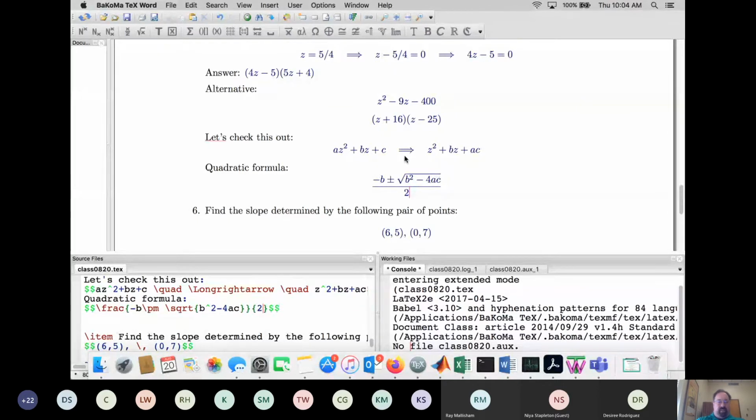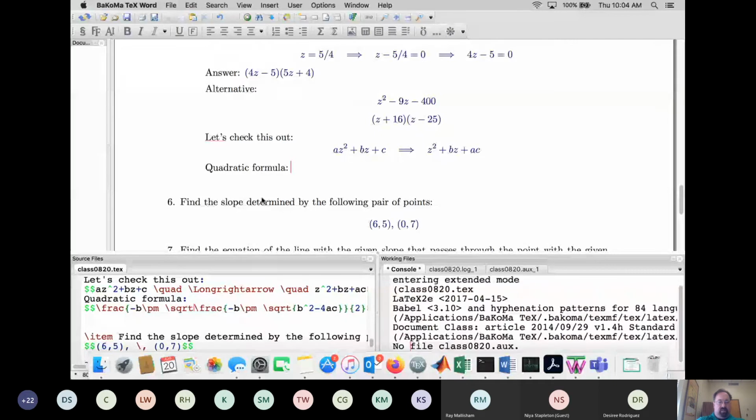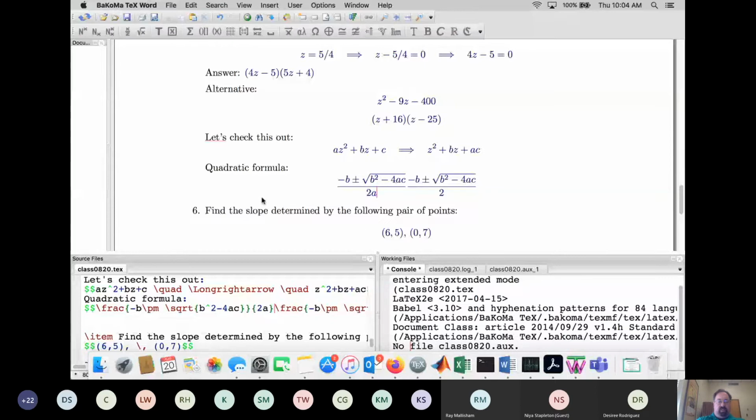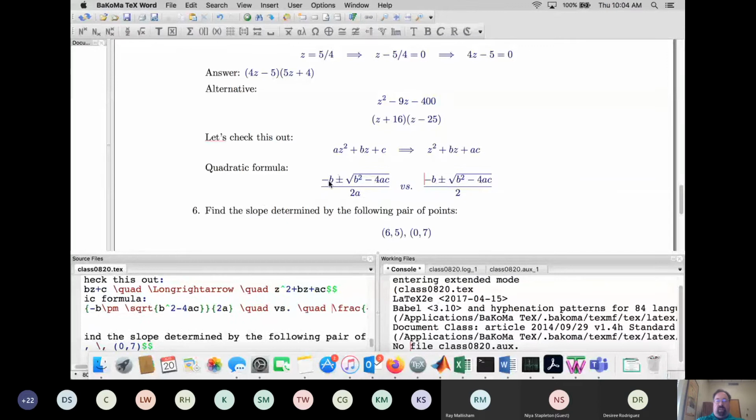Because I'll show both expressions. So the original quadratic formula would give you this. Applying the quadratic formula to the revised expression gives you exactly the numerator, but just 2 down below instead.